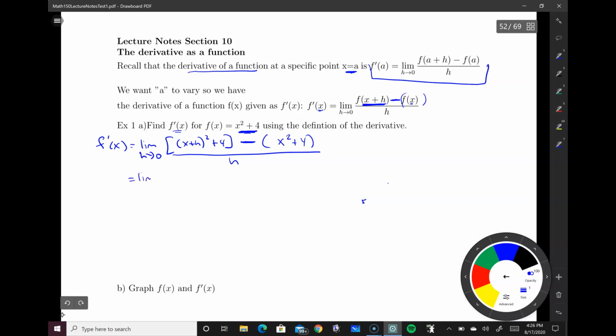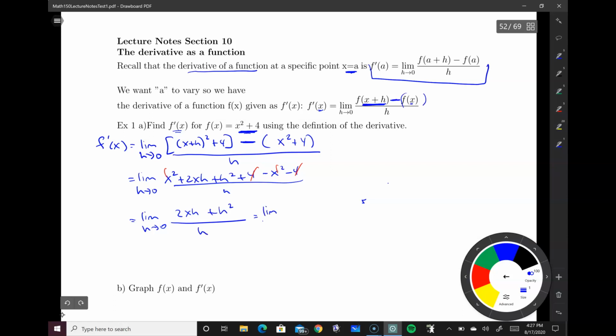So let's multiply this out, and then make sure we distribute the negative sign. All right, what cancels? My 4's are gone. My x squareds are gone. Let's see what I have left over. 2xh plus h squared all over h.